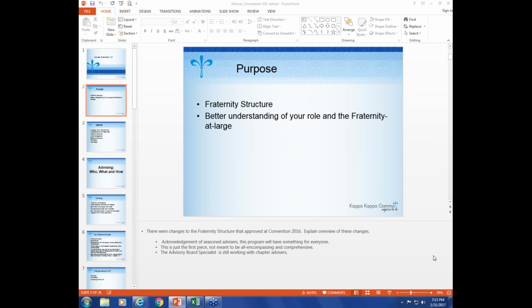No problem. Our purpose this evening will be to talk to you about the fraternity structure, the new structure that was adopted at convention last summer, and then give you a little bit better understanding of your role and how you fit into the fraternity at large.